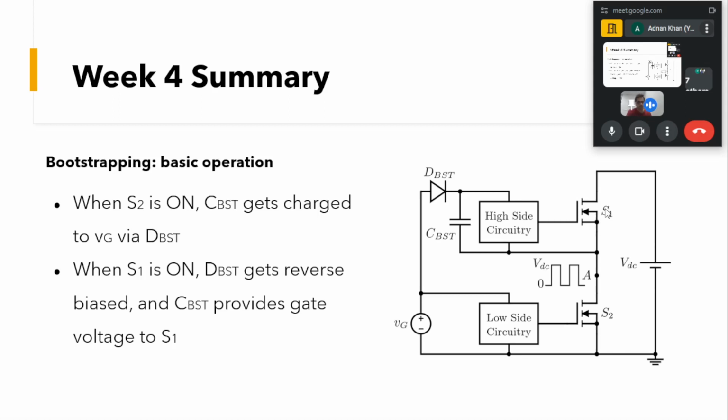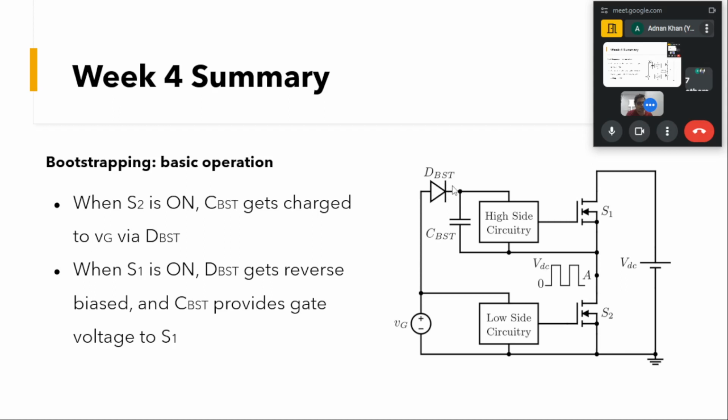So how this is done is, if we turn on this S2 switch using this low side circuitry, there is some VG voltage that comes across, let us say plus 15 volts, needed to drive this low side switch. Now that means that this S2 switch is on.